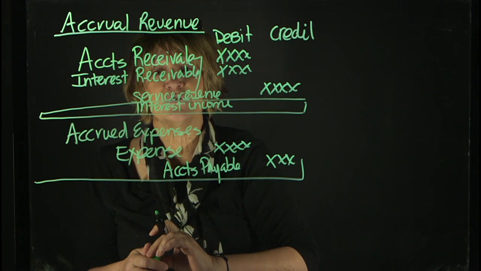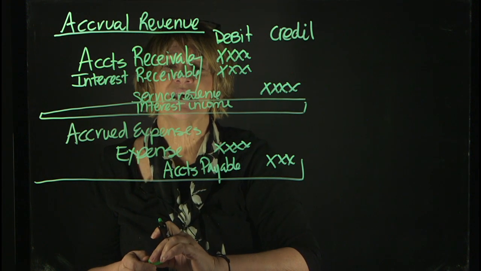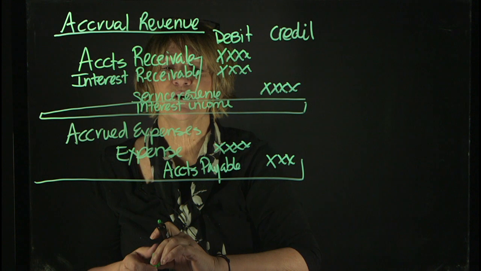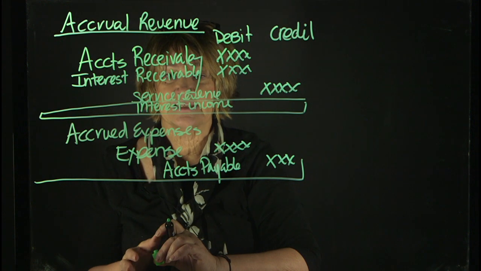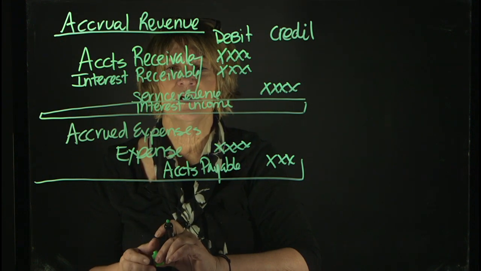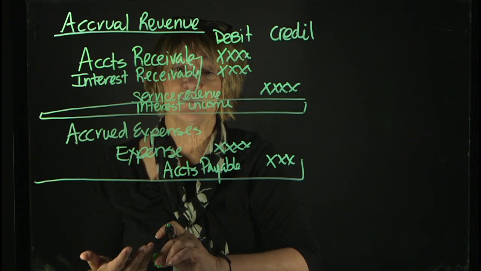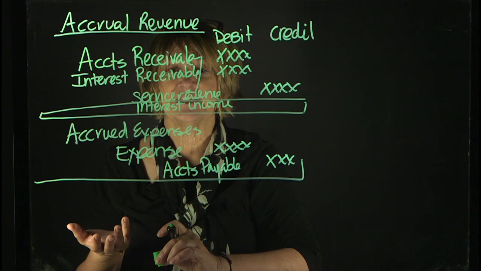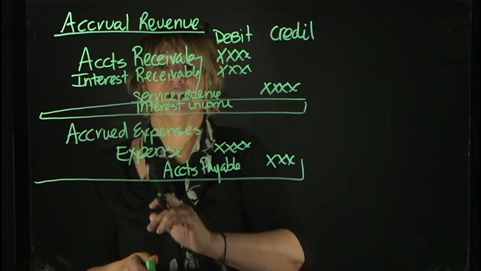Now, the third entry is kind of a hybrid entry. It's technically a deferral, but I'm going to give it to you here. And this entry needs to be done just like this. In Chapter 8, we're going to learn how to come up with the numbers. But right now, till we get to Chapter 8, the book is just going to say, hey, we have depreciation of $5,000.